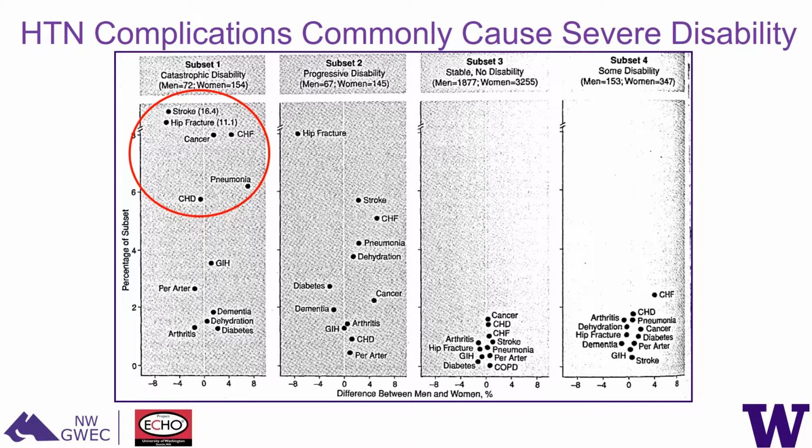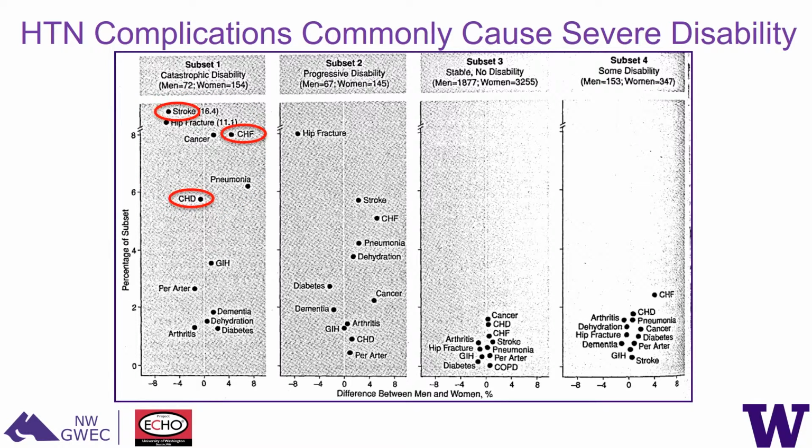You'll see that there were these diagnoses or conditions that cause individuals to have catastrophic disability. And then the same thing with progressive disability. Individuals who had maybe 1 or 2 impairments in ADLs, and then had these conditions within these boxes that caused them to have progressive disability, where they now had 3 or greater impairments in ADLs.